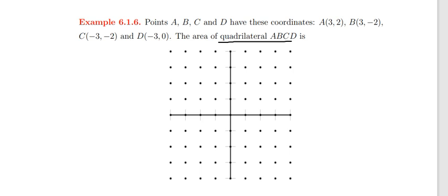A is (3, 2), B is (3, -2), C is (-3, -2), and D is (-3, 0).